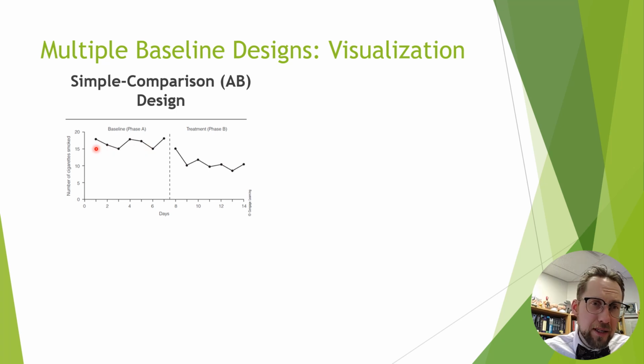You just, over a couple of days, you track how often that specific behavior occurs, so that you have a baseline. And then you give the treatment. That would be phase B. So we have A and B. That's why we call this an A-B design. You give the treatment, and as you can see, that self-harming behavior goes down. So now that is a bit more informative than not having a baseline, because now you can actually show the behavior went down with my manipulation.